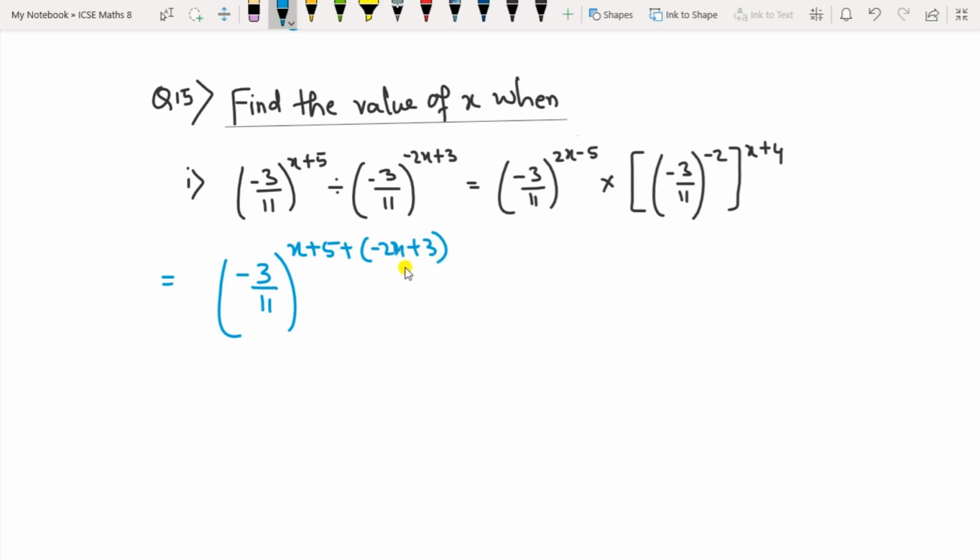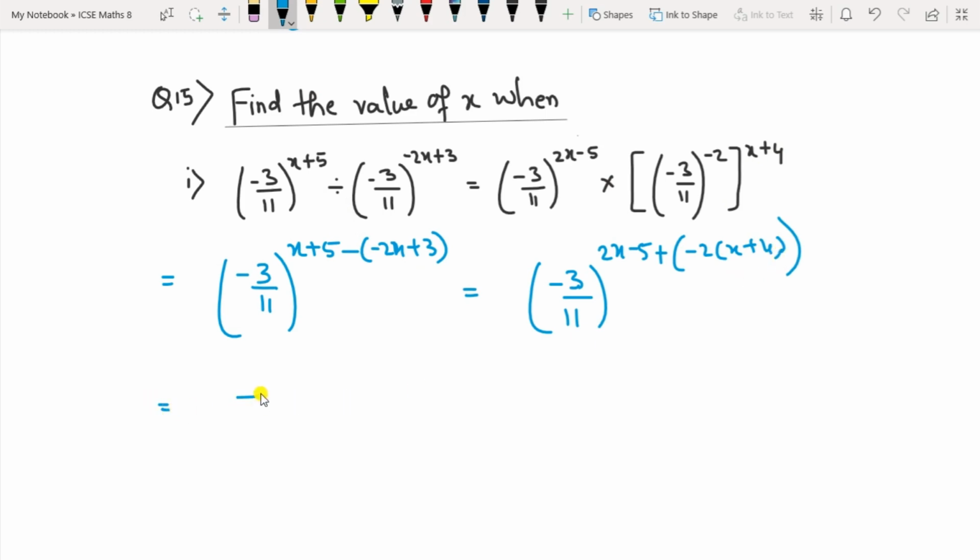Whenever you are writing the second bracket, always you have to write in the bracket. Then here x upon 3 by 11, minus 3 by 11, then it is 2x minus 5 first, and this one, this becomes minus, sorry, this was minus here since it is division, and this is multiplication, so this is plus, and in the bracket you have to write this one, that is minus 2 bracket x plus 4 bracket close.